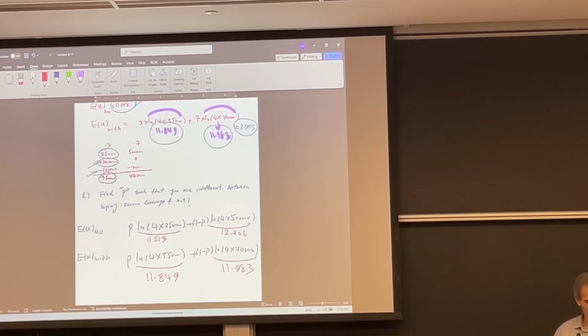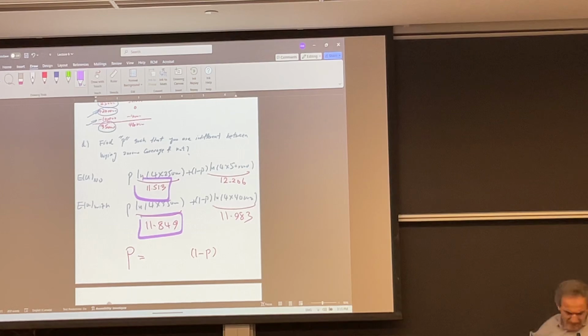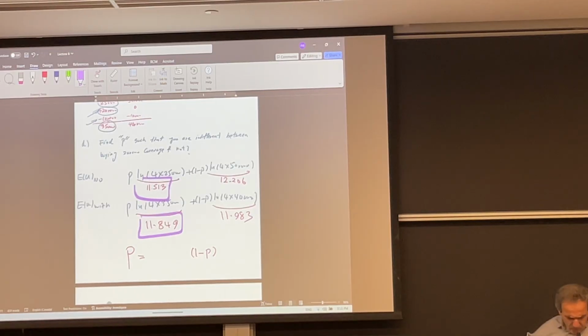Okay, now we have to arrange and solve. I put the probability on one side, 1 minus the probability on the other side, and try to solve it. So I need now this minus this. How much is that? That is the probability side. 11.849 minus 11.513.